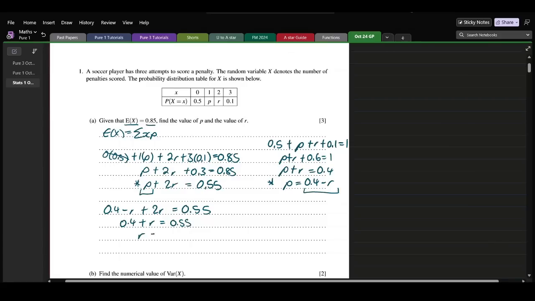So r is equal to 0.55 minus 0.4, which is 0.15, and so p is equal to 0.4 minus 0.15. P is equal to 0.25. So you can conclude that therefore p is 0.25 and r is 0.15.